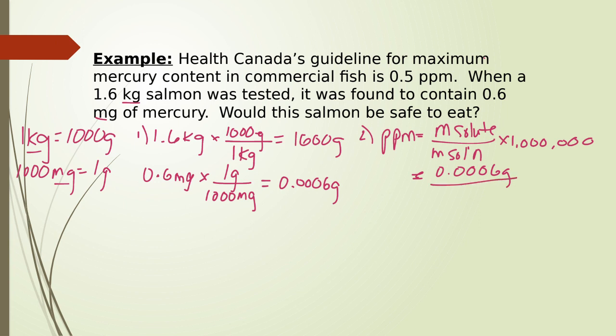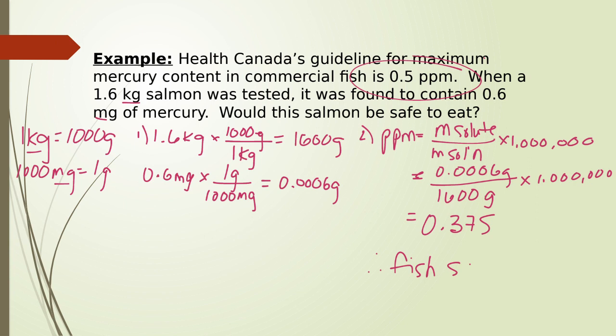My solution, or my fish, is 1,600 grams. And we're going to multiply by 1,000,000. And when I do this, I get a ppm value of 0.375. And when I compare that to the Health Canada standard, it's below. Therefore, we know that the fish is actually safe to eat.